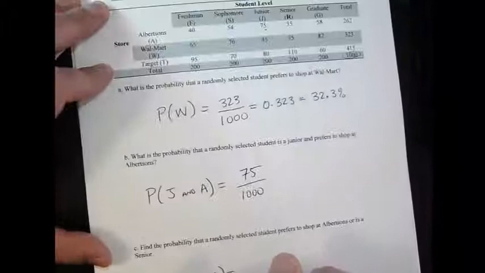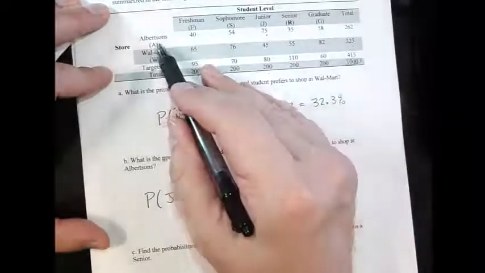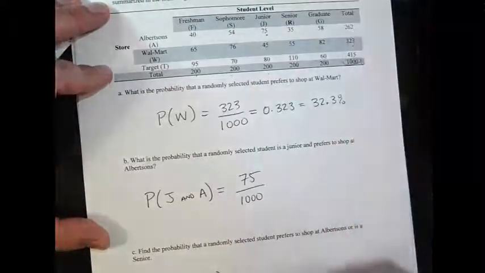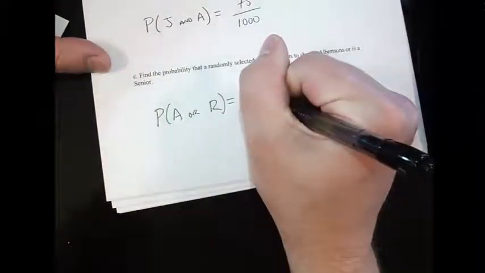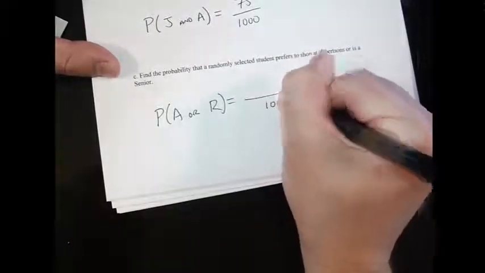And there are multiple ways to do this. There are 200 seniors and 262 that go to Albertsons. And it is out of everyone, so it's out of 1,000.